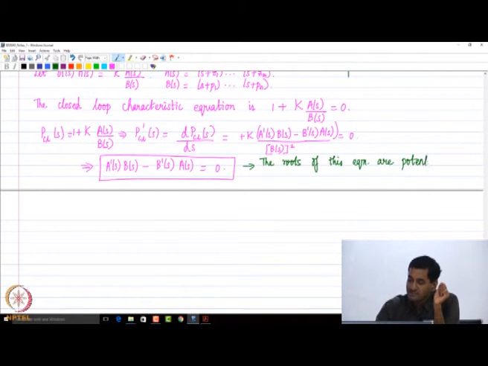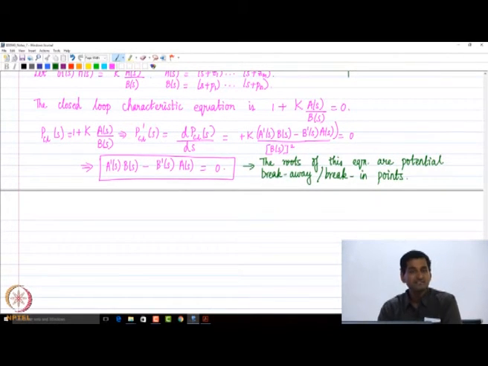Why am I saying potential, right? We will see why. But then we still need to do one more check. What we need to do is figure out the value of k corresponding to these points and check whether they are positive. Then only those points will lie on the root locus. So let me repeat what I meant just now. You solve this equation, you get some values of s.